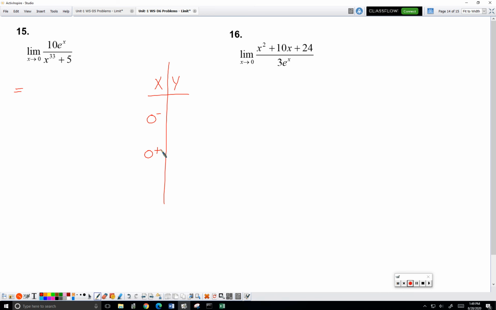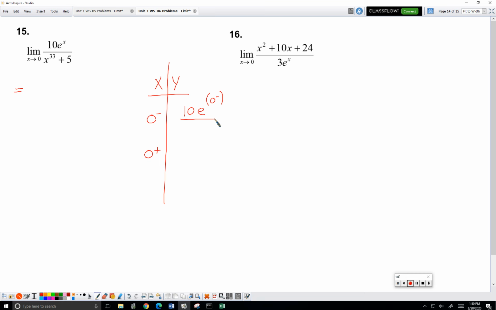So you say, okay, let's think here. That means I got 10 e raised to the something close to 0. I got to figure out what that is. What is that? 10? No, it's not even. Because what's e to the 0? Almost 0. It's like 1. What's e to the 0? 1. Oh, yeah.